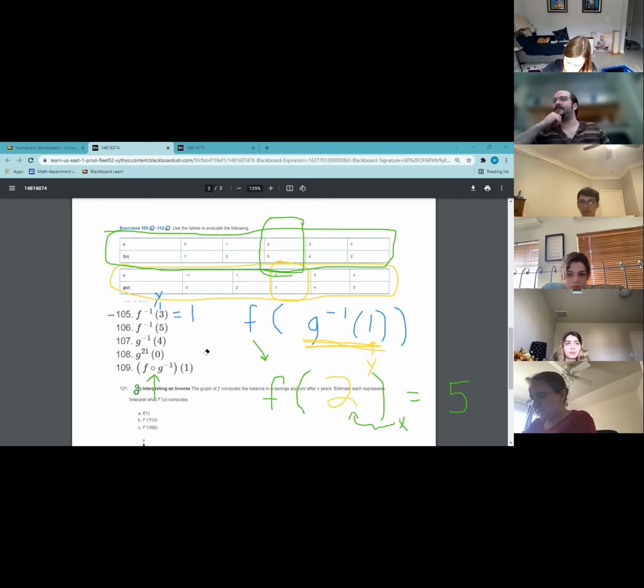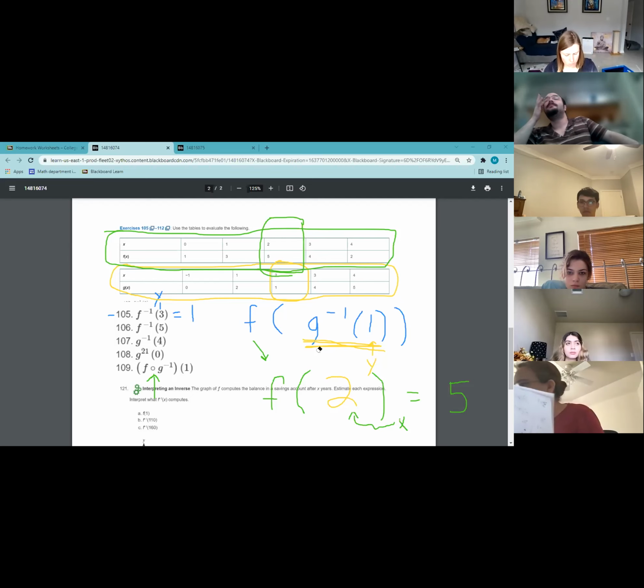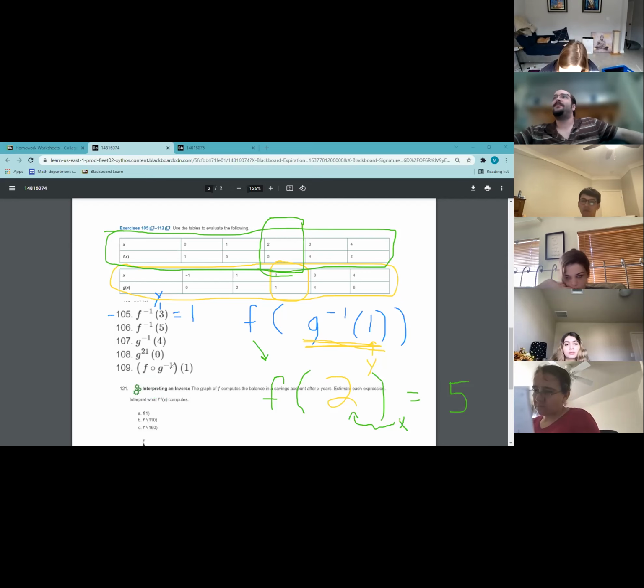So that is coming from the last section that we just did, where we were combining functions. I'm basically keeping them in the direction that they're defined. I'm just putting parentheses differently, if that helps.